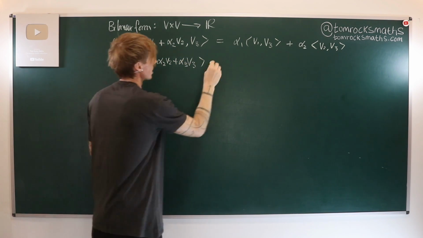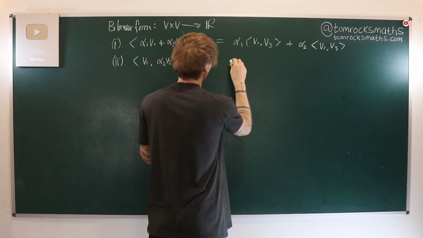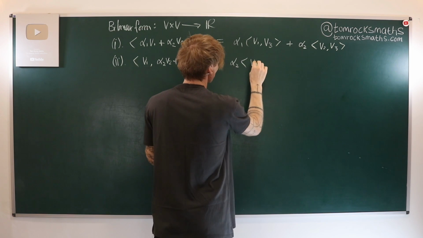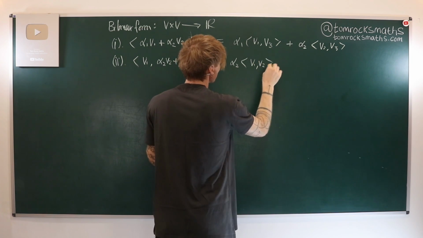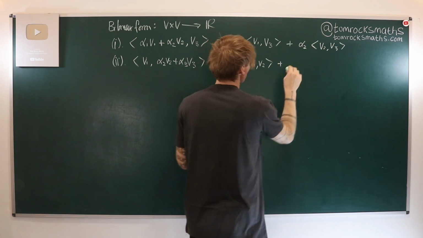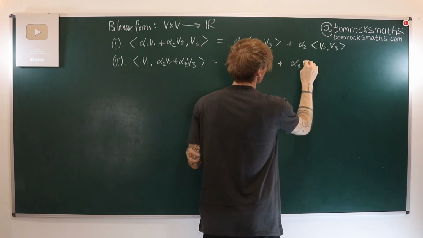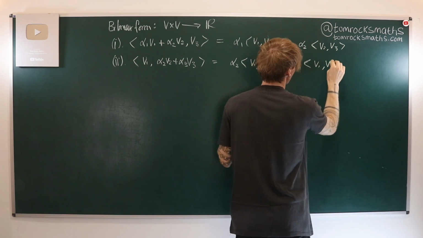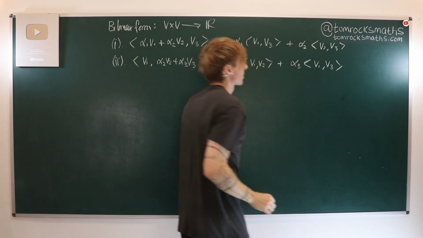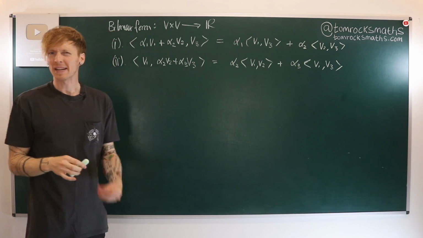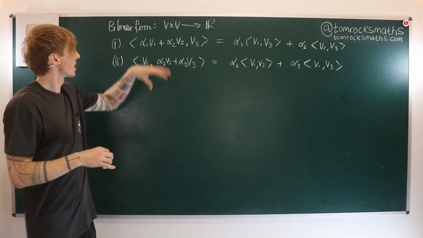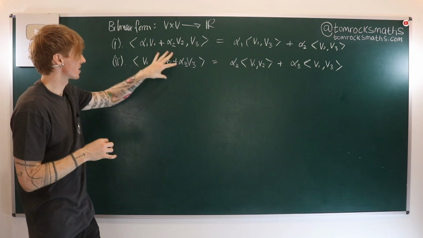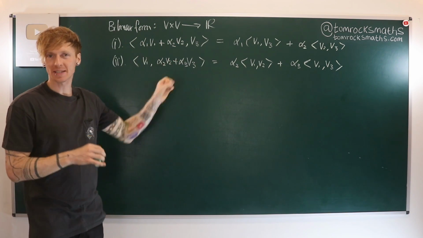Inner product is the same as if we were to pull out the alpha 2 and take the inner product there with v1 and v2, and then if we were to add that to alpha 3 times the inner product there of v1 and v3. So they look very similar, but it is important that we realize the first one is linearity in this first position and the second one is linearity in the second position.